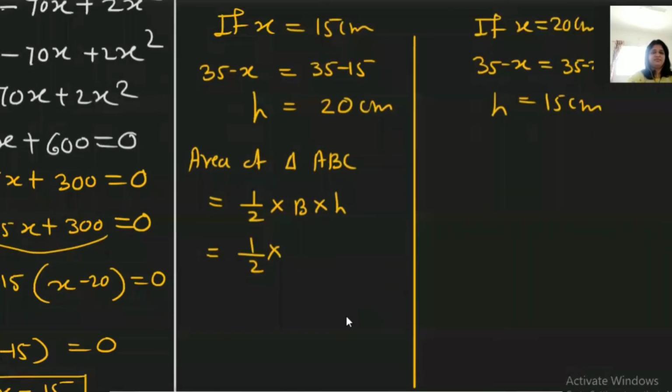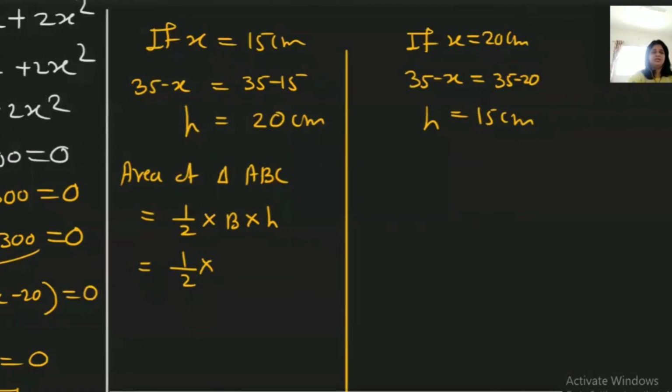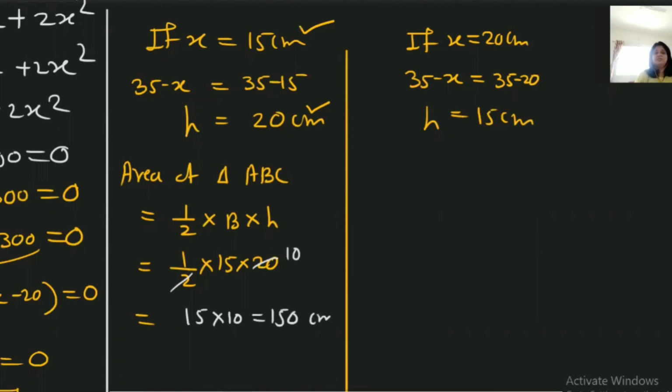Already we have found x and 35 minus x values here. Let's substitute it. As we know, base is x and x is 15. Height is 20. So finally, 15 into 10 means 150 centimeters square is the required area of the triangle.